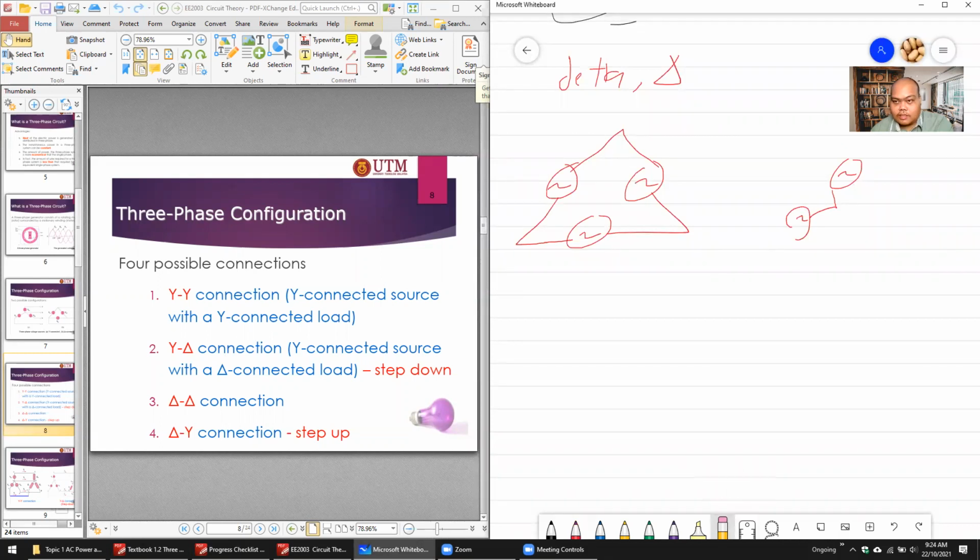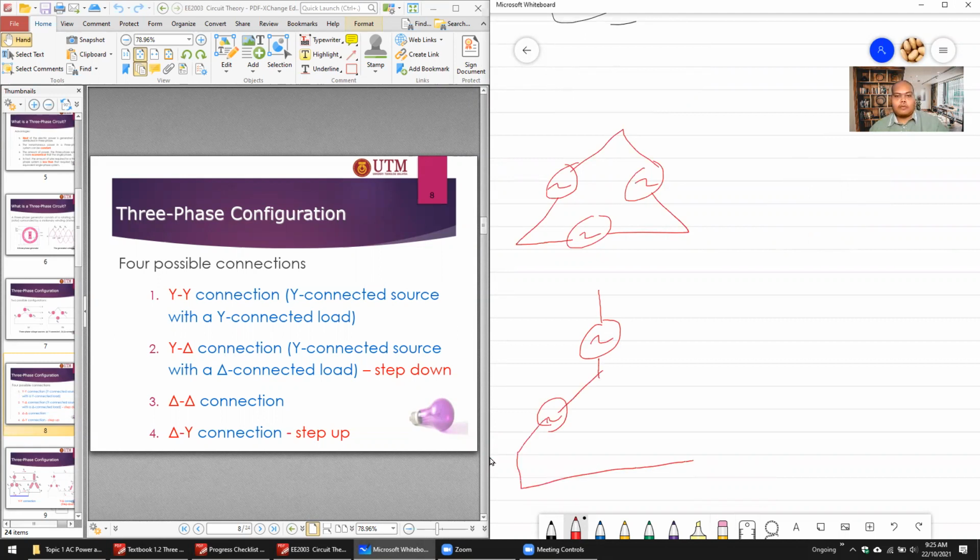Sorry. Make sure you understand the star and delta, how to draw this.